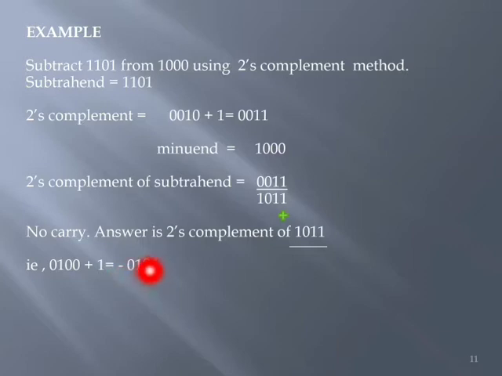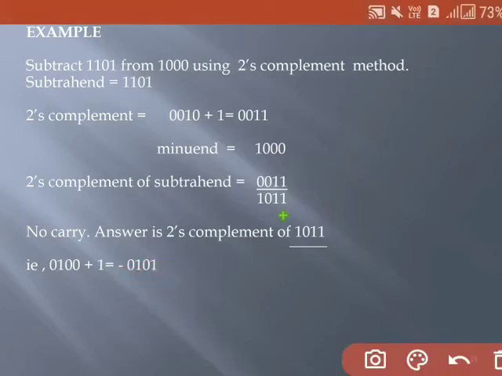So this is the result of subtracting 1101 from 1000. You can also check whether the procedure you are adopting is correct or not, again by considering its decimal equivalent.